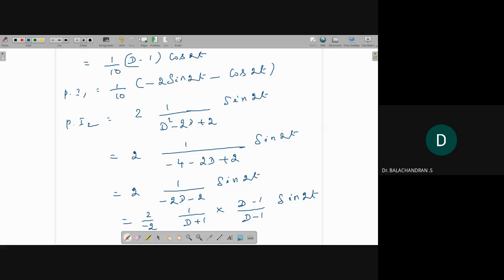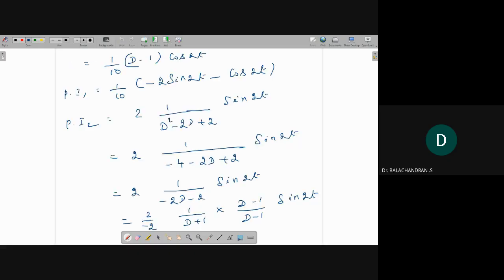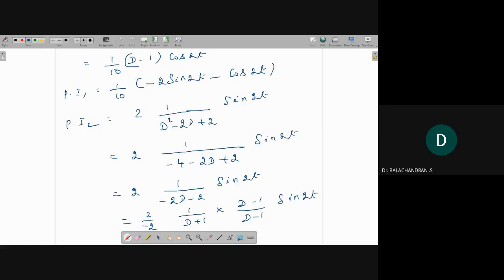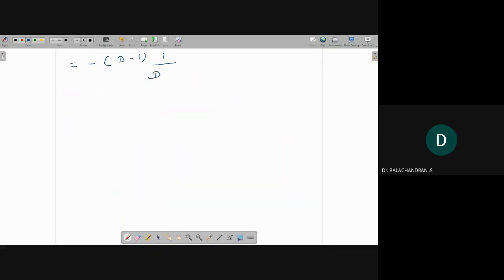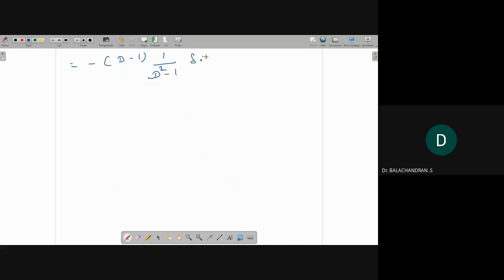So you'll get minus 1 by... (D minus 1) into 1 by (D square minus 1), the denominator, into sin 2t.